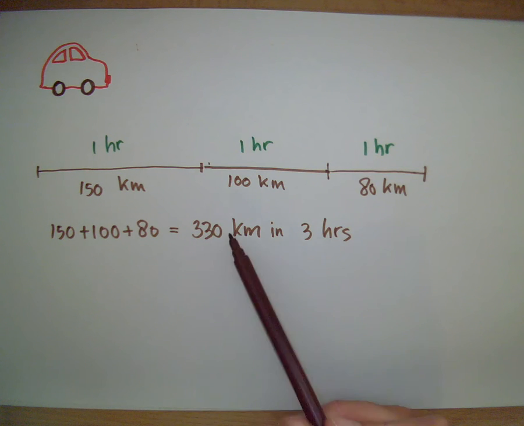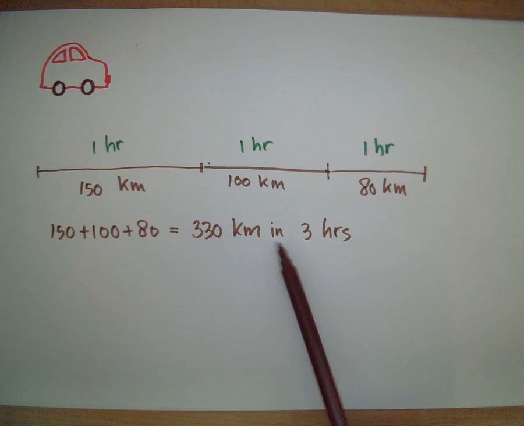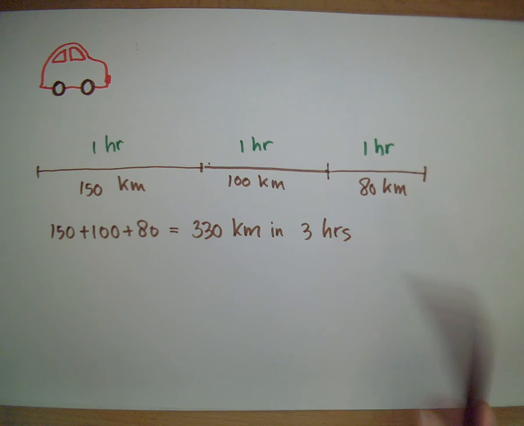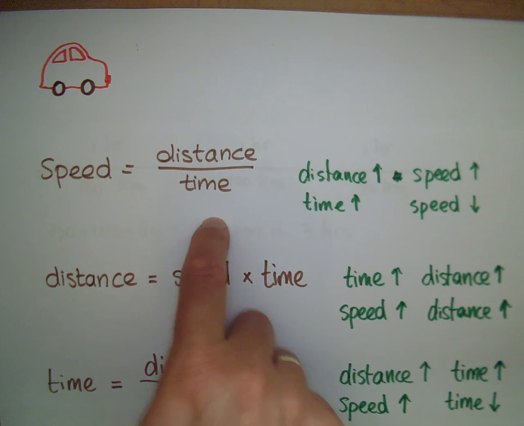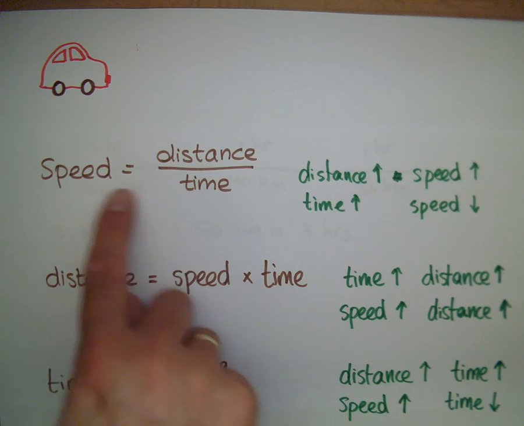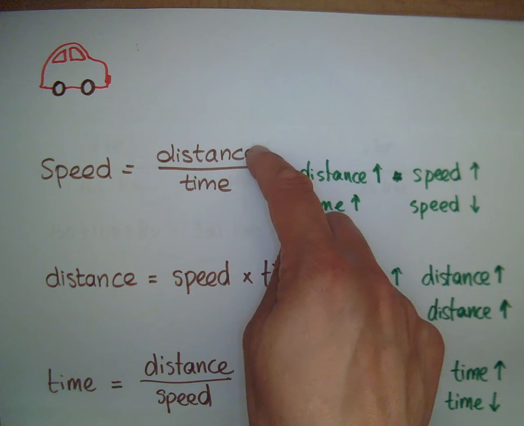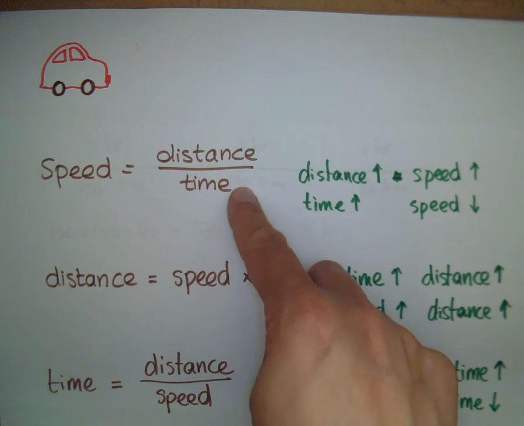Now, if I told my mom I drove 330 kilometers in 3 hours, then I can just use my original formula, right? I can say my speed is the distance I drove divided by the time it took me.